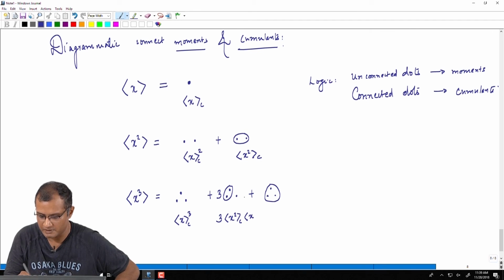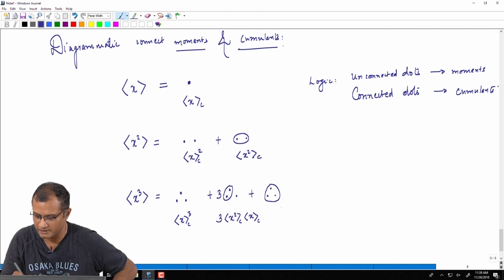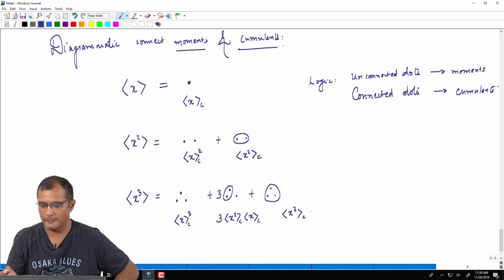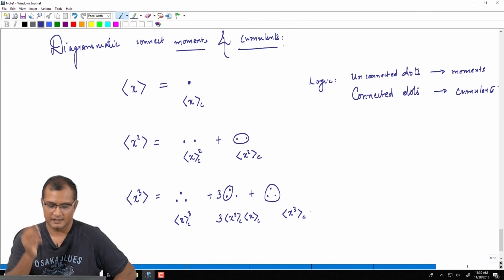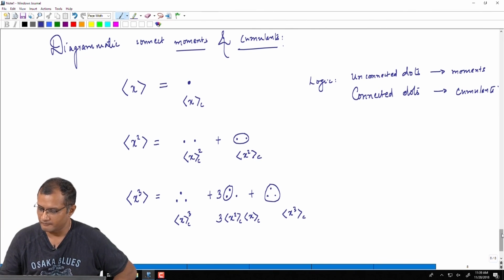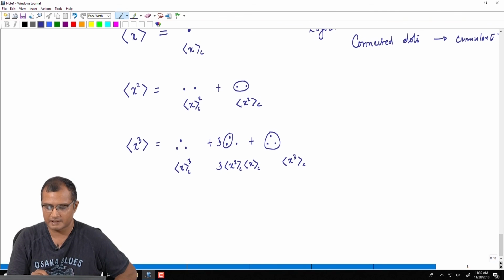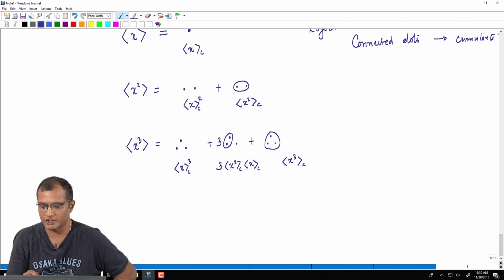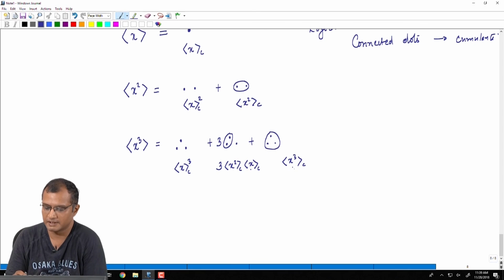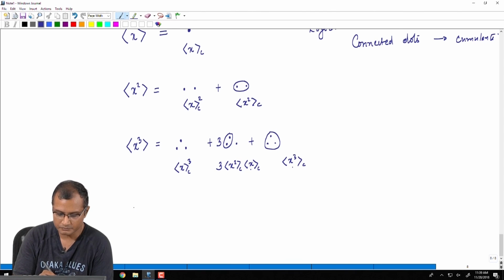The third dot is disconnected, but the first moment is also a cumulant, so you write it as a first cumulant, and the final configuration is the third cumulant. So, that's how you write the third moment: first cumulant cubed plus 3 times second cumulant into first cumulant plus the third cumulant.